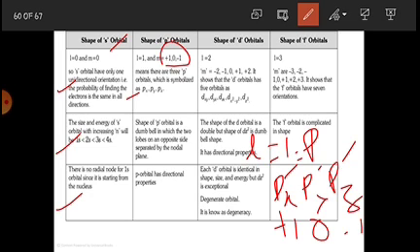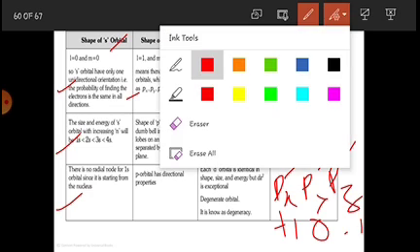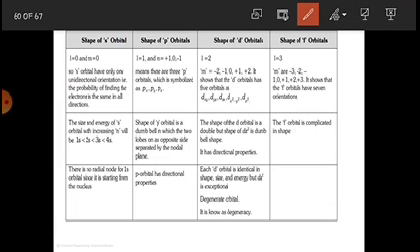The next one, the shape of p orbital is dumbbell, in which the two lobes on opposite sides are separated by the nodal plane. So this one is important. The shape of the p orbital is dumbbell, like this. These are the two lobes, first and second.